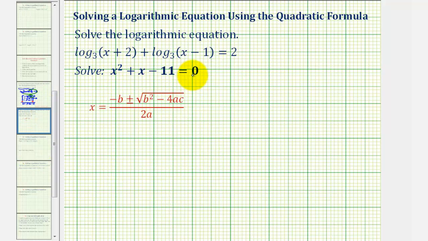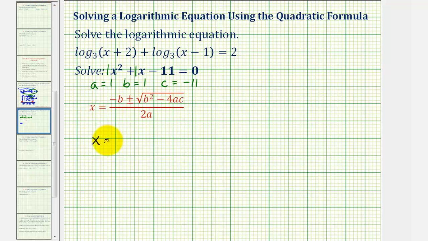So again, here's the equation that we want to solve. Notice how I did flip the equation around, which doesn't change anything. So the first thing to recognize is that a, the leading coefficient, is equal to 1, b, the coefficient of x, is equal to 1, and c is equal to negative 11. So now we'll sub these values into the quadratic formula.